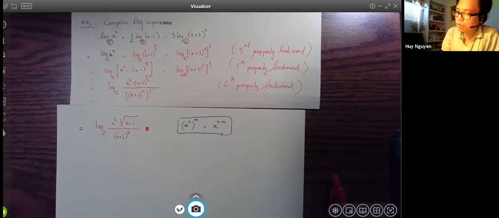Then on Tuesday next week, we're going to do another concept. We learn how to solve exponential and log equations. That concept is also harder than this one. Toward the end of the semester, the concepts are much harder.